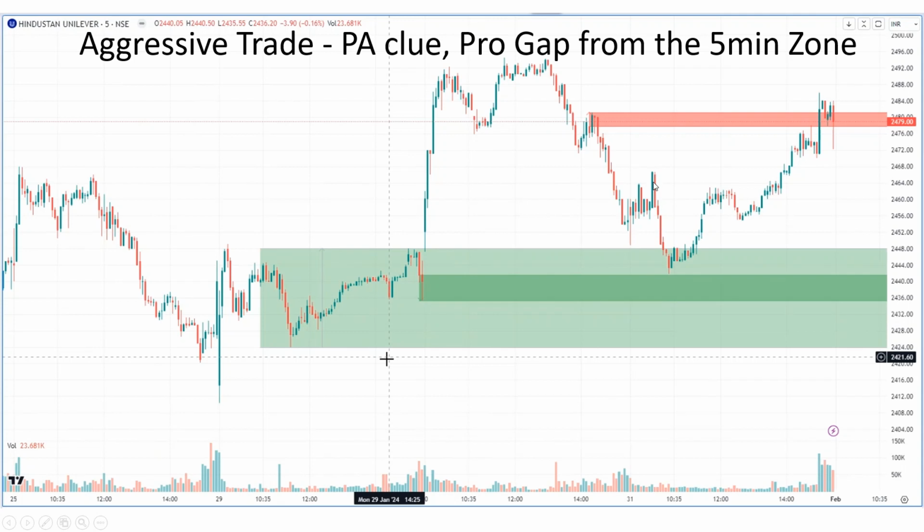See, here prices are moving down strongly, but all of a sudden it has slowed down. Why has it slowed down? Because in the pro gap area, there is an order flow. The order flow is eating all the supply. By the time prices entered here, the supply was weakened, and immediately, even though it is a normal demand zone, even though it is not a fine-tuned 5 minute zone, it still pushed the prices up till the next 15 minutes target zone.